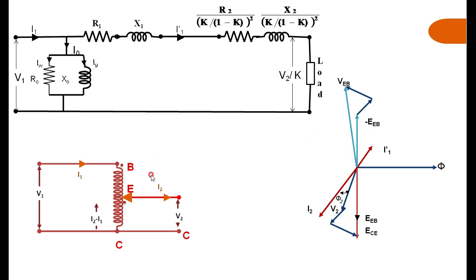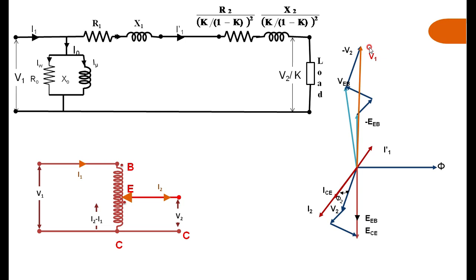To this, if you are adding V2, then what I am getting is the V minus V2, I am producing this and to the tip of EB, so that I get the value of V1.